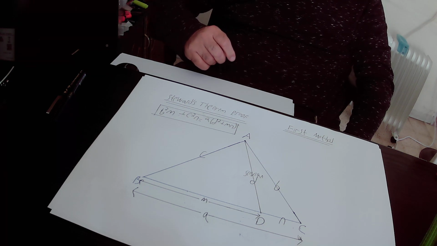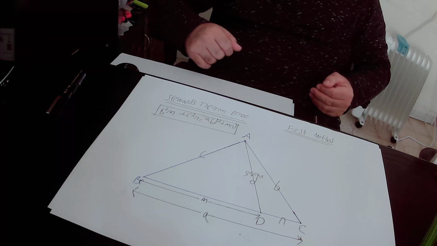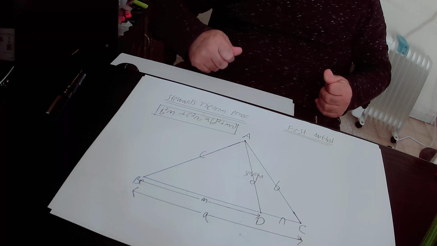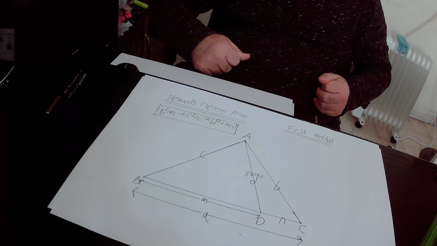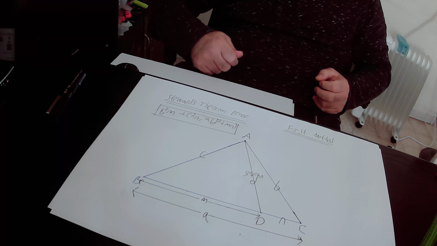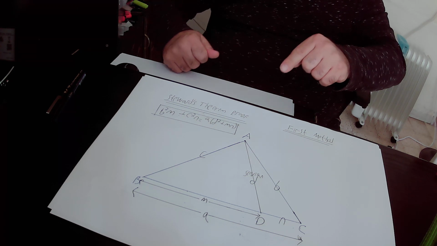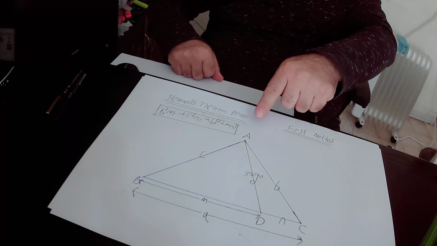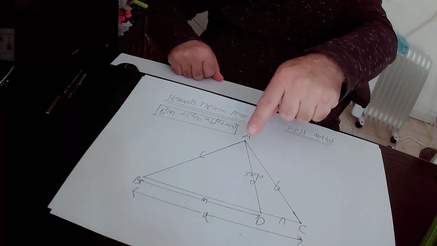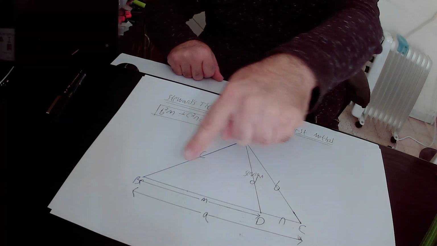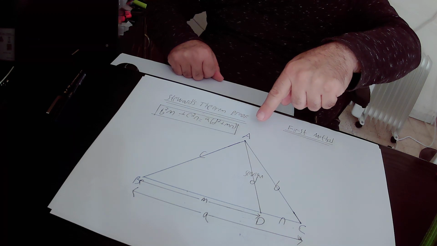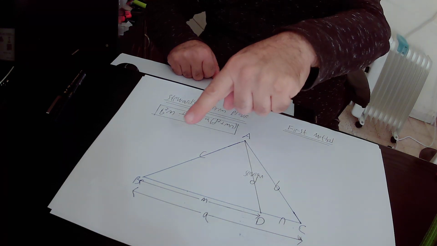Okay, so we start with the first method. In the first method, we will do a construction, that is to say, from the vertex A, we will go perpendicular on side BC.